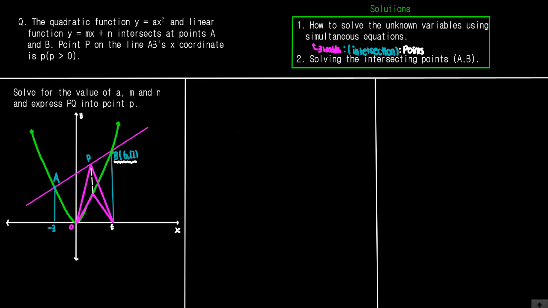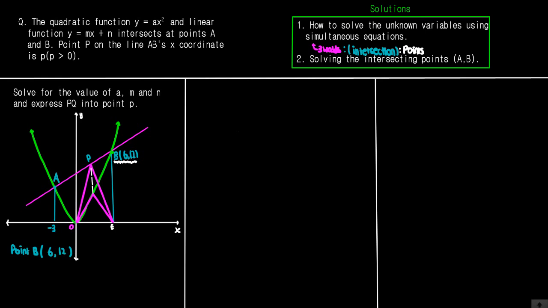So first of all, let's think about the point B, which is the intersection point between two graphs, which means it satisfies both the linear and the quadratic functions. Its coordinate is (6, 12).